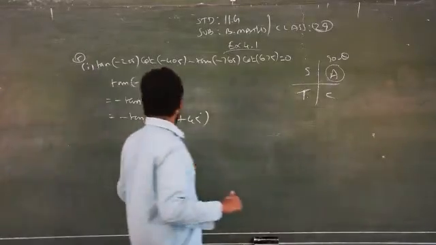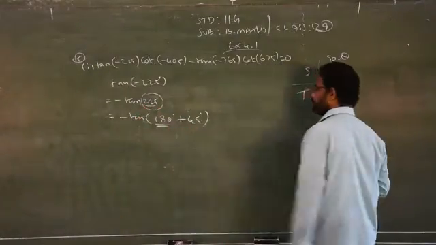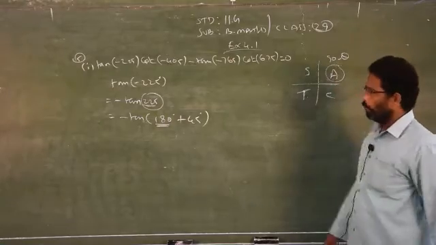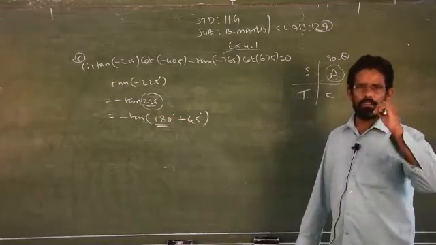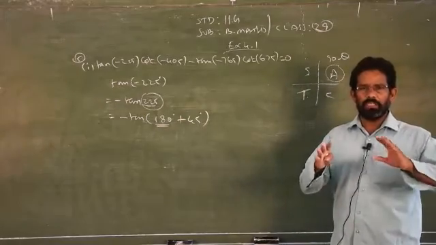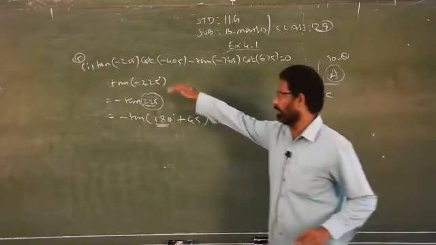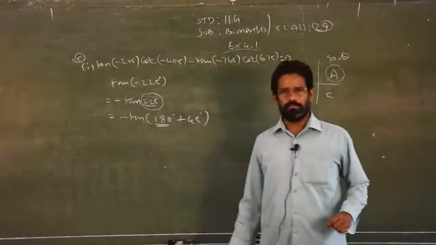Clear? Listen here. I express 225 in terms of 180: 180 plus 45 is 225. If it is 180 or 360, there won't be any changes in the ratio. Just now I wrote the rules.